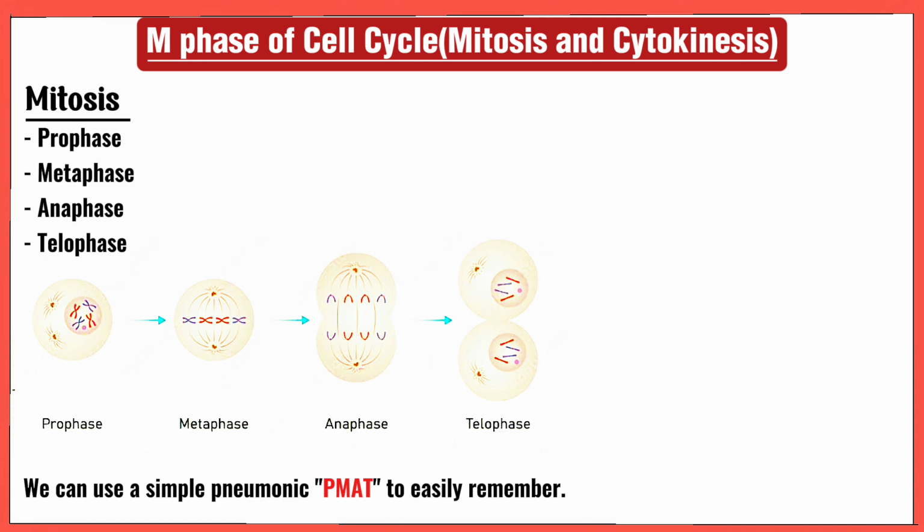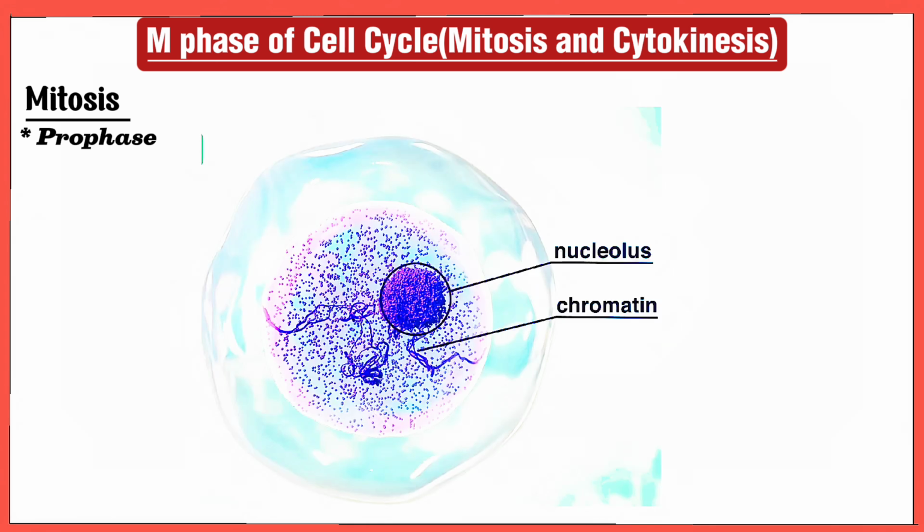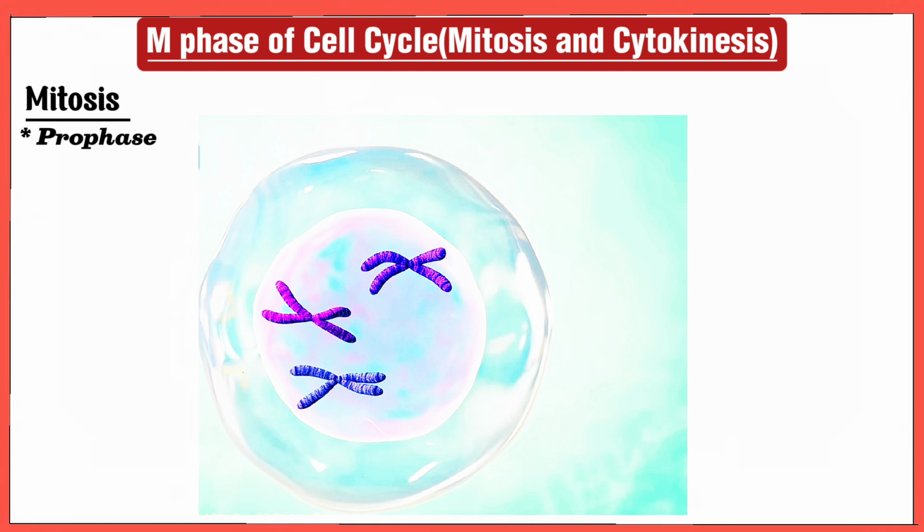So let us look at the first one, which is prophase. It is the longest phase of mitosis, and in this phase, chromatin begins to condense into the shape of chromosomes, and the nucleus disappears.